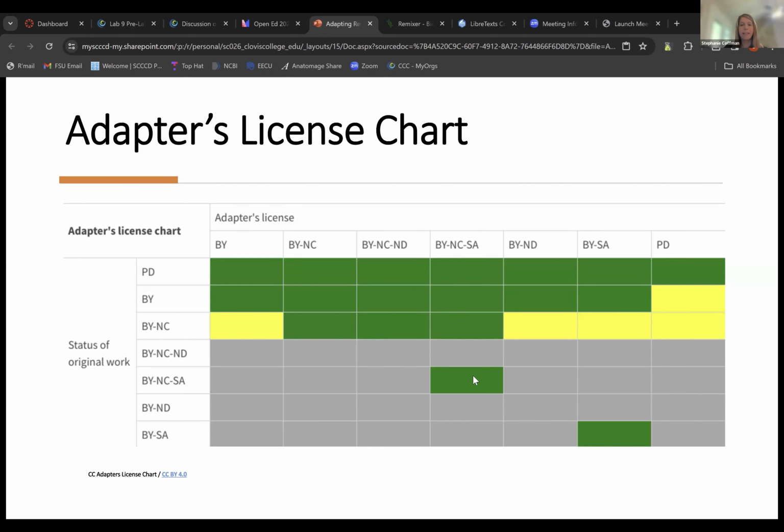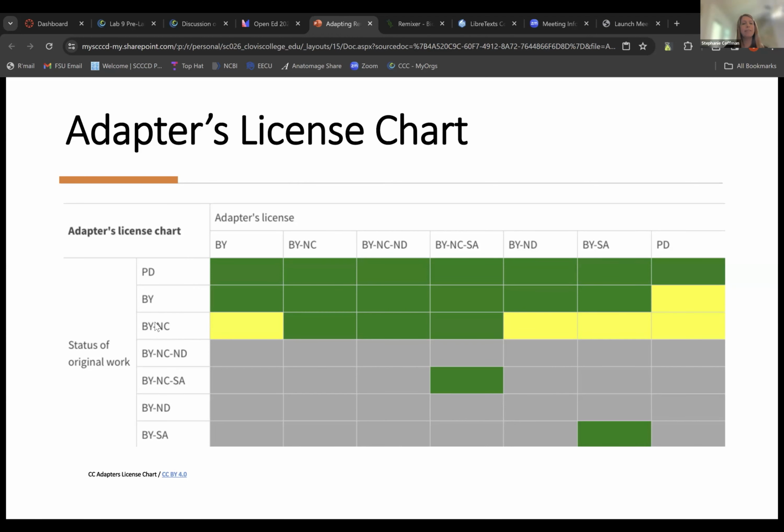It has to have the same CC BY-NC-SA license. You'll notice some of these boxes are yellow. The yellow boxes are a recommendation, and it's a recommendation I suggest we all follow as well. This is that non-commercial element.